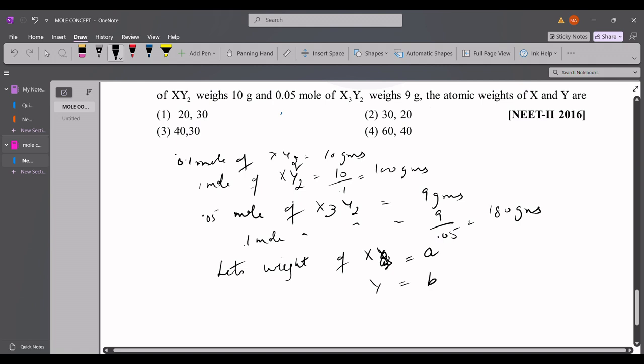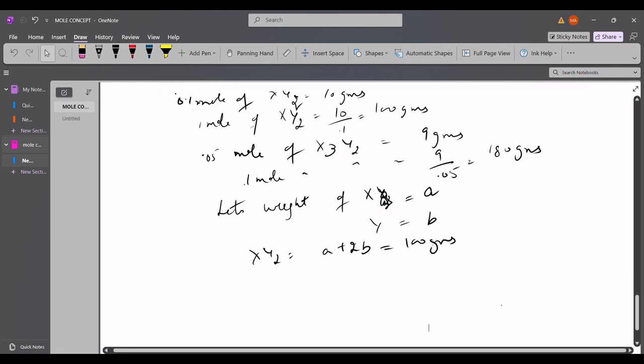Then for XY2 the equation becomes a plus 2b is equal to 100 grams. It should not be difficult for you. And for X3Y2, it should be 3a plus 2b, which is equal to 180 grams. So simple subtraction will be okay. It should be minus 2a is equal to minus 80 grams.